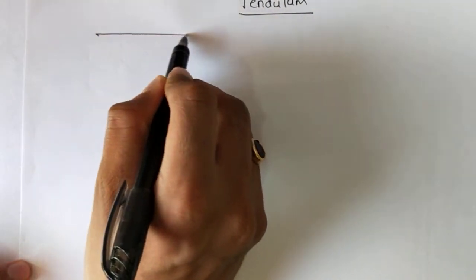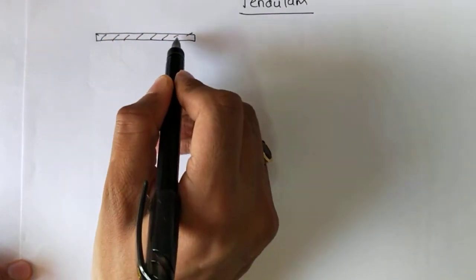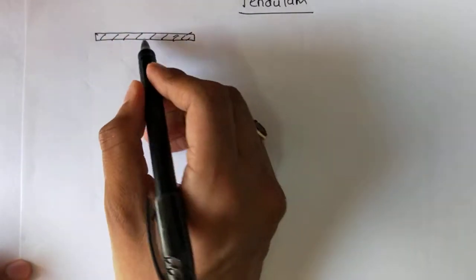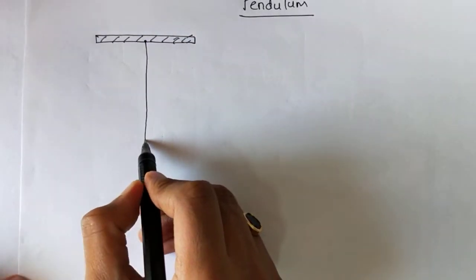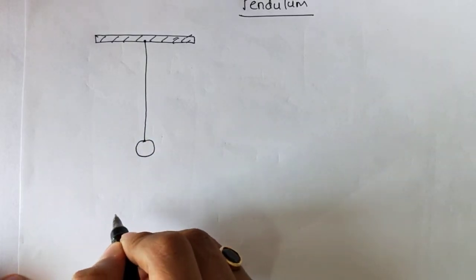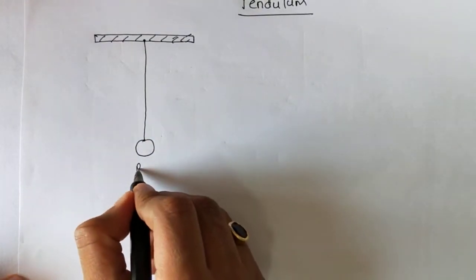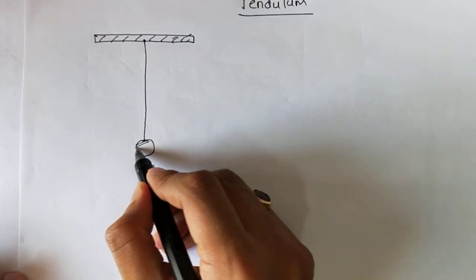First of all, let's see what a pendulum is. See, if there is a rigid support, let's say this is a support, and on this support I tie a string, and on the other end of the string we tie a spherical object which we call a bob.